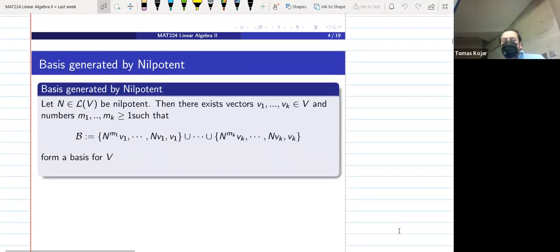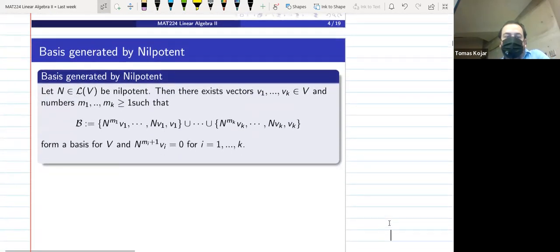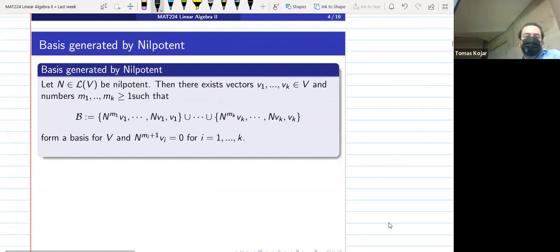We can show that if you give me any nilpotent map N, then I can give you vectors v1 to vk, and I can form cycles, so that they form a basis, and the very last element is always zero.